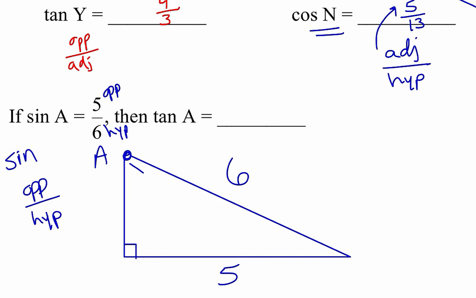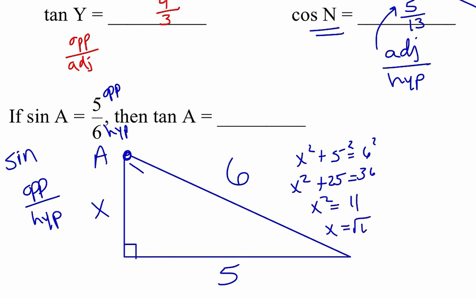And I can use those two sides to find the third side. I could simply do a Pythagorean theorem here and say, let's call this x. X squared plus 5 squared equals 6 squared. So x squared plus 25 equals 36. So x squared has to equal 11. X is the square root of 11.